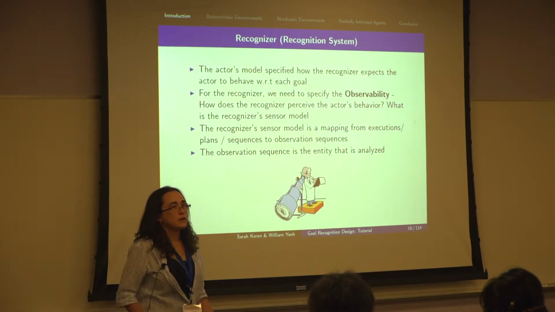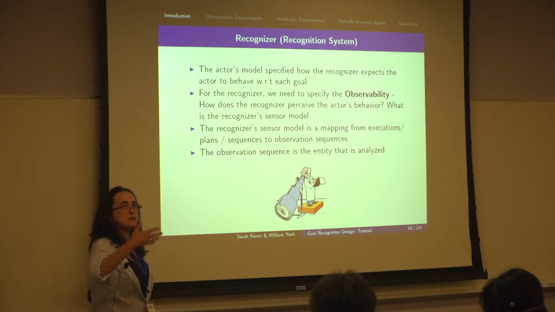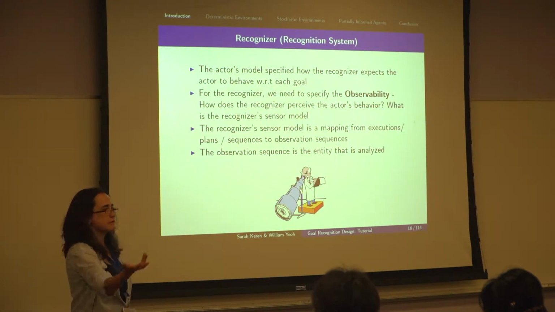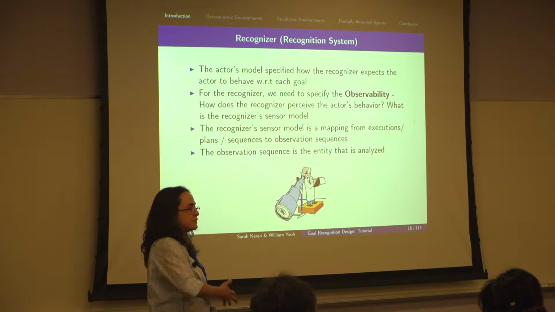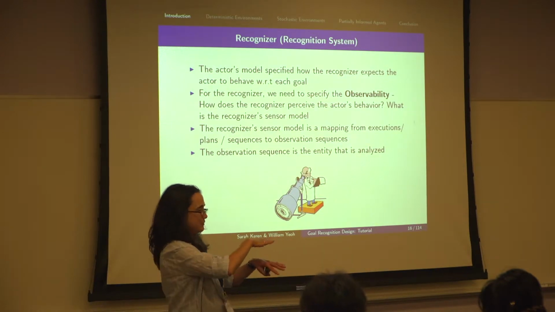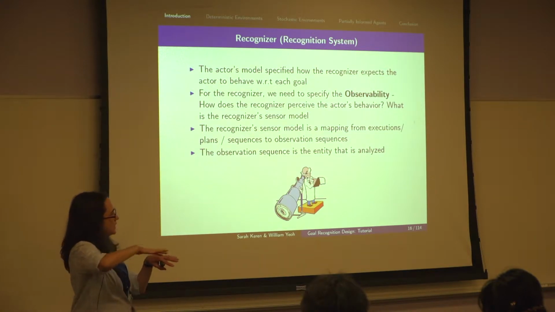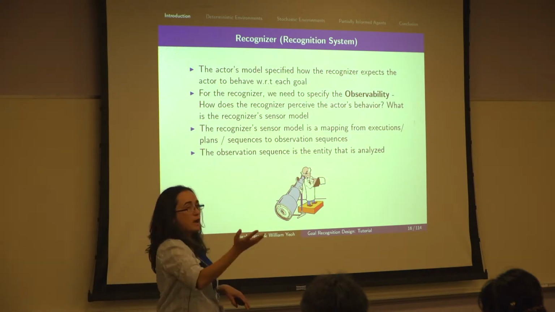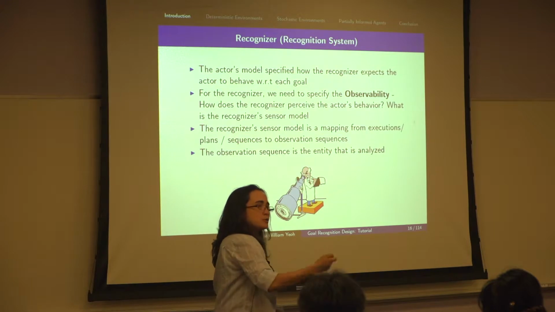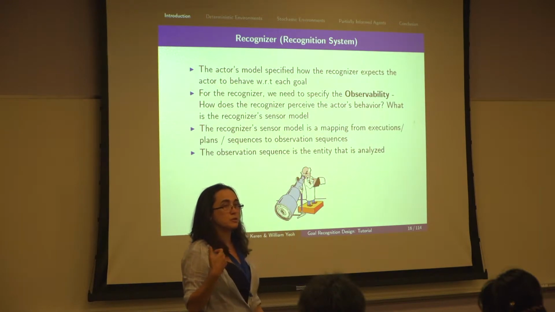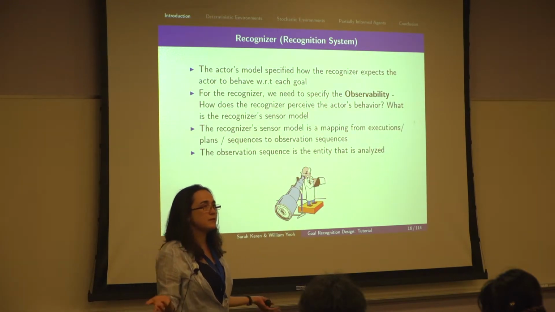So finally, the final element of the goal recognition setting is the recognizer. We made assumptions about the environment. We have the actor that serves as an overlay in the environment. Among the possible behaviors, what are the actual behaviors that agents will follow to each goal? But then we have the notion of observability.